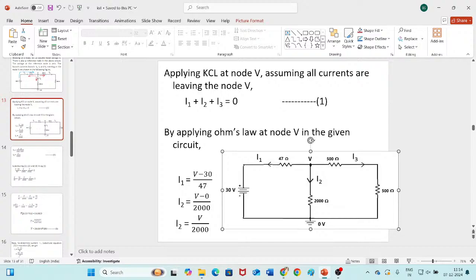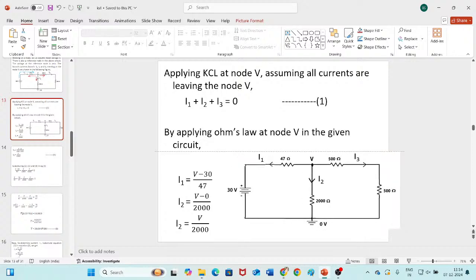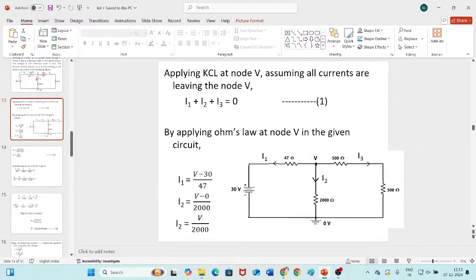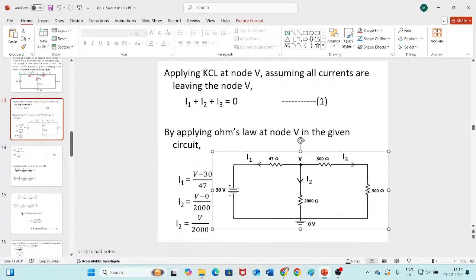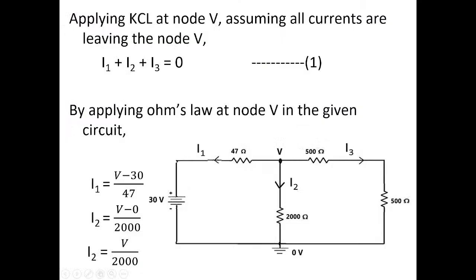What is V here? It is the potential difference across 47 ohms. On one end of the 47, V is there. On the other end, 30 is there. So what is I?